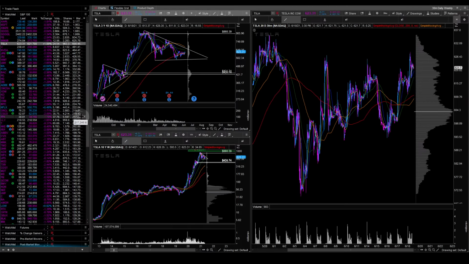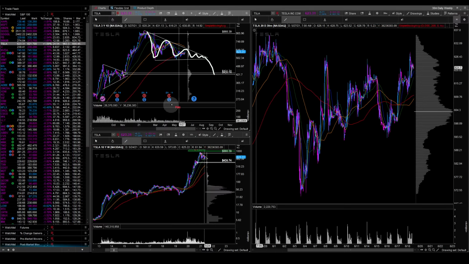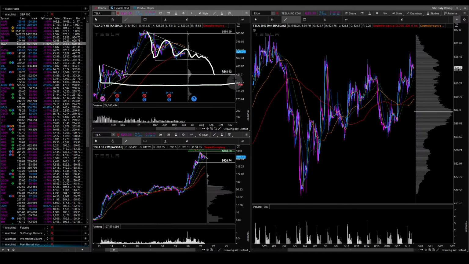We'll see. You know, if Tesla does something like this, back up, and this, I'd be inclined to go short for a move like that. And then this is now then support. I'd be a buyer. But this is not a bullish pattern like this.